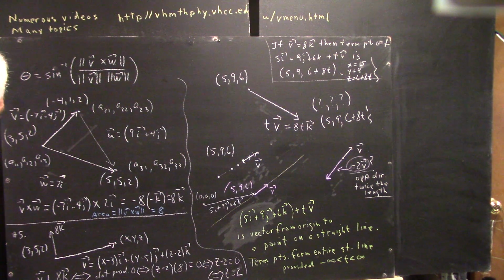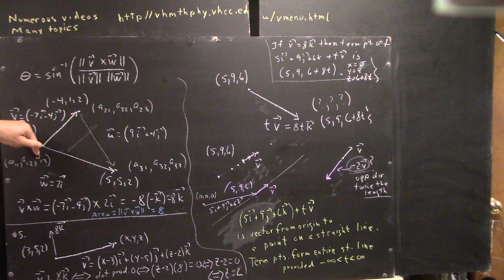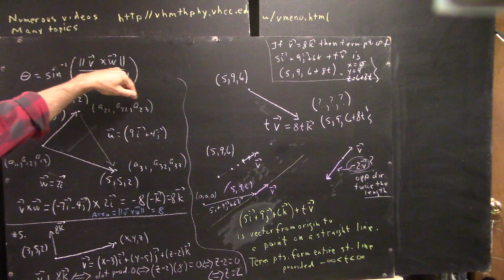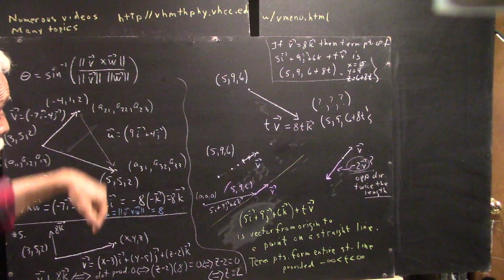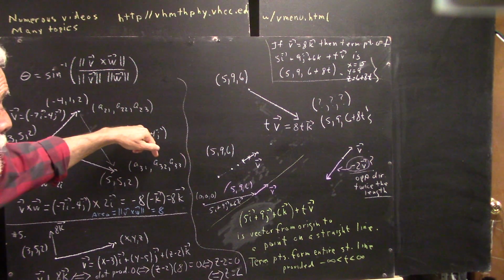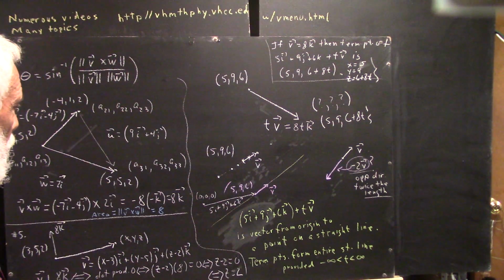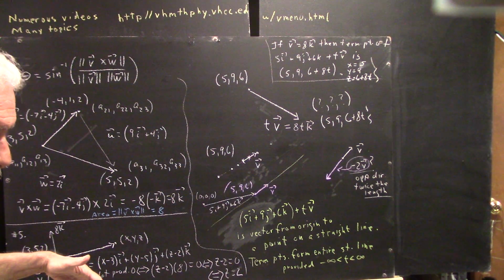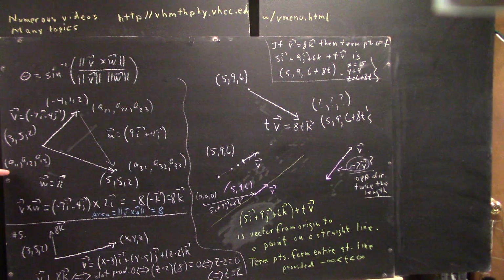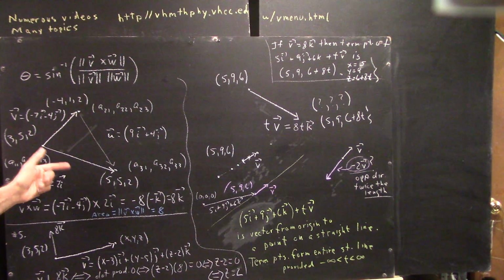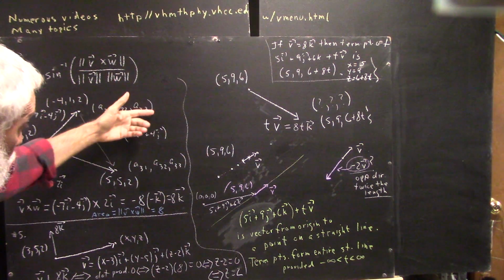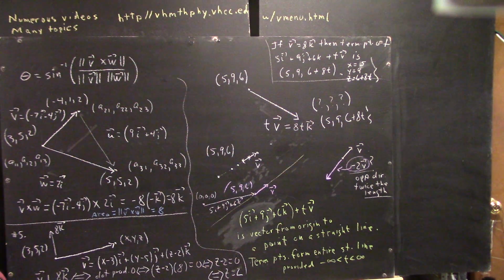We could actually prove this by letting the coordinates of this point be A11, A12, A13, coordinates of this point A21, A22, A23, coordinates there A31, A32, A33. That should put you in mind of a matrix with first row A11, A12, A13, second row, third row.